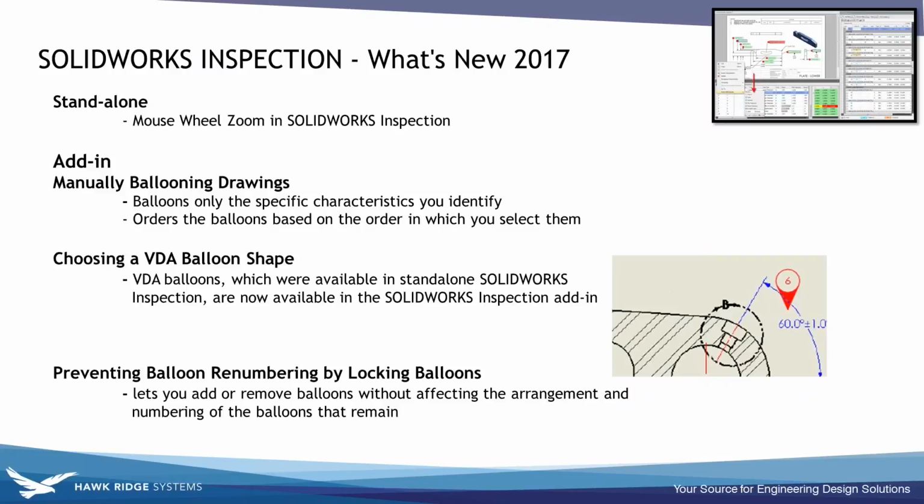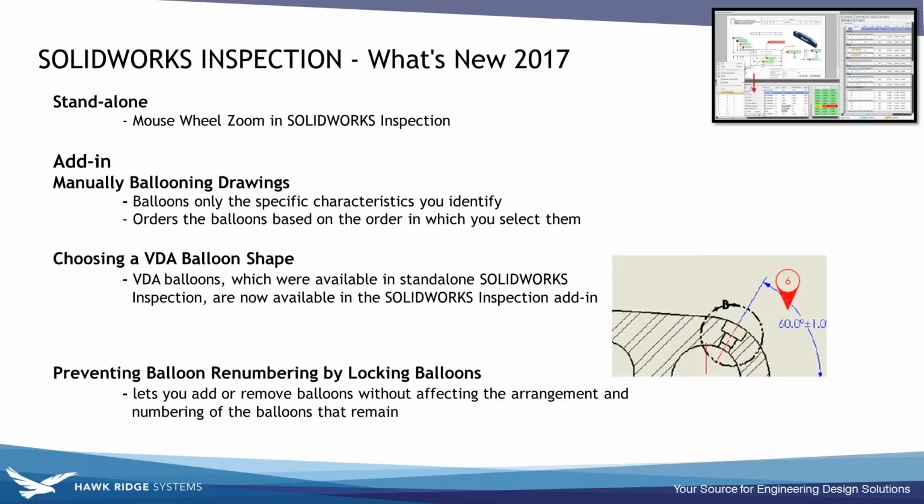Now you can go ahead and say, hey, I want to manually select each one and balloon it at that time. So I can control in which order this drawing is inspected to, and also which balloons go with which dimensions, which is really convenient that we can do that. So that was a big deal in the past that we couldn't do it.